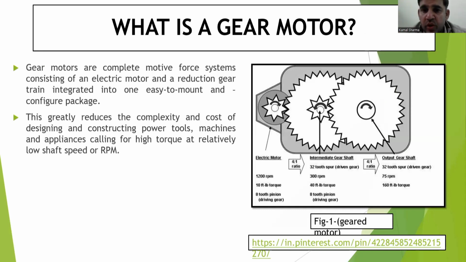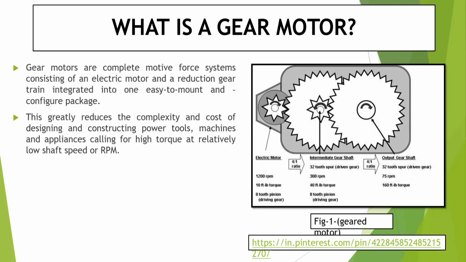Gear motors, as you can see, it's a complete motive force system. What is gear? When you are going at a fourth gear, your speed is maximum, right? But you can control your speed by reducing the gear. Similarly, it is an electric motive force system consisting of a reduction gear system and an electric motor, so it's a package basically.